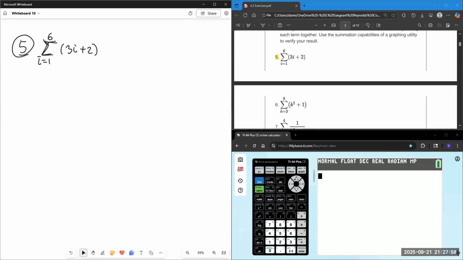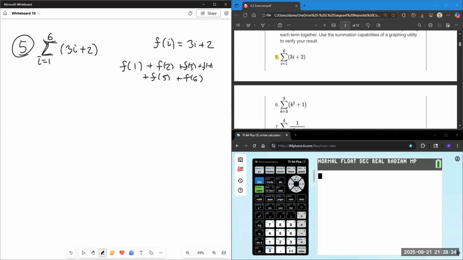So what this tells us to do is to take this 3i plus 2 and evaluate it. Let's say that we call this f of i is equal to 3i plus 2. What we want to do is take f of 1 plus f of 2 plus f of 3 plus f of 4 plus f of 5 plus f of 6.